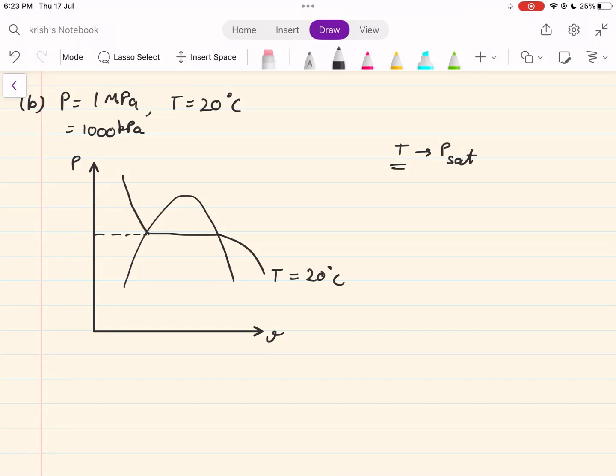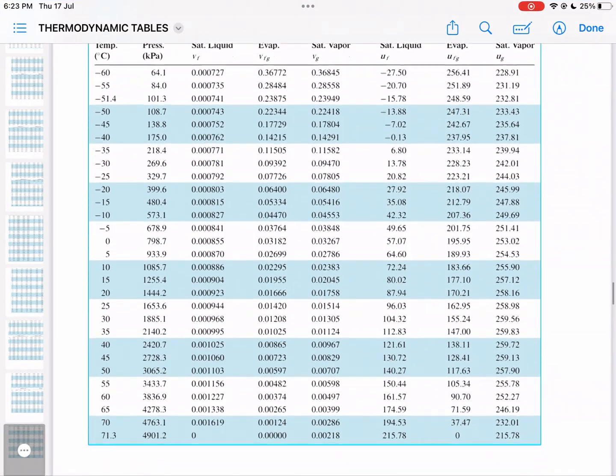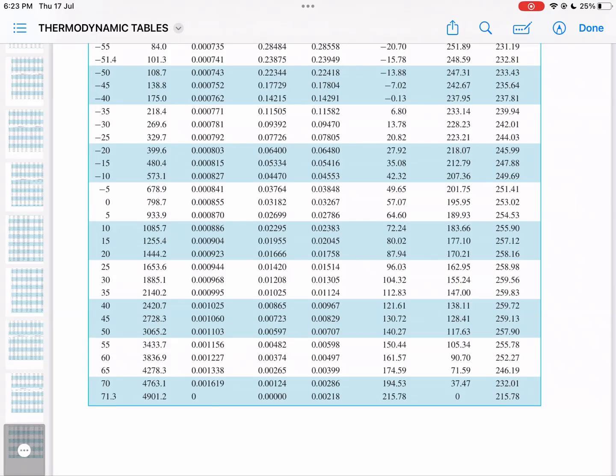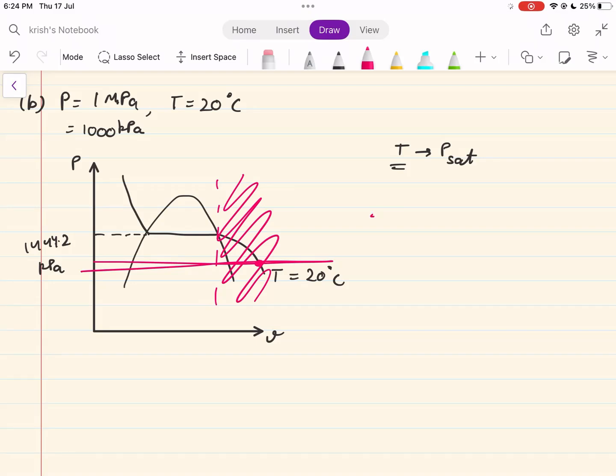So this is a constant temperature line at 20 degrees Celsius, and at 20 degrees Celsius from B.4.1 we are able to see that the corresponding saturation pressure is 1444.2. However, our given pressure is lower at only 1000 kilopascals. Again, this falls in the superheated region, which means R410A is superheated. R stands for refrigerant. Superheated.